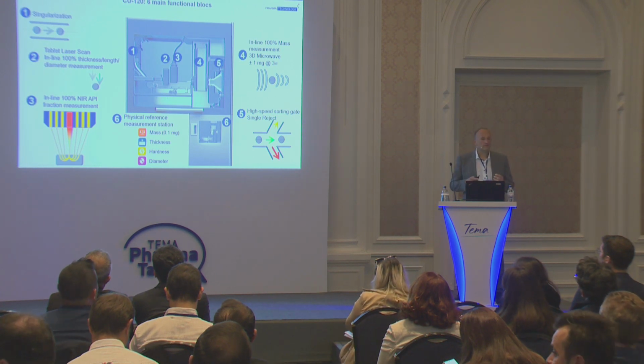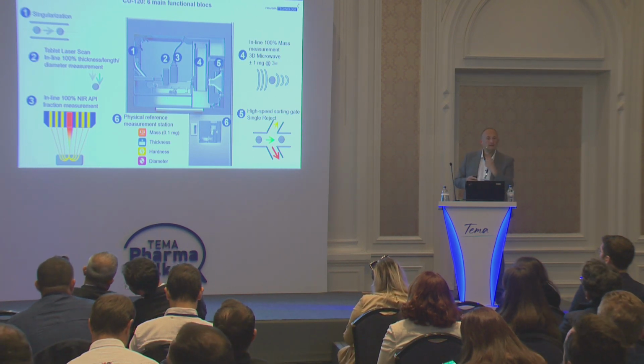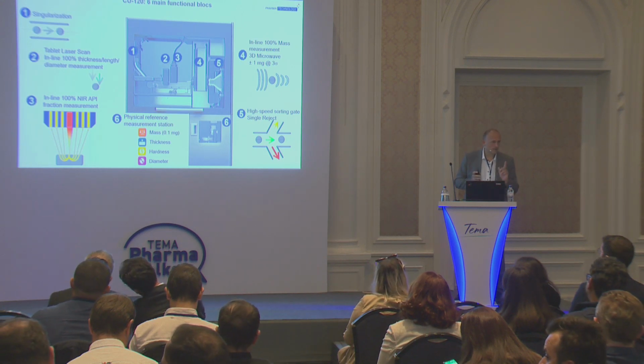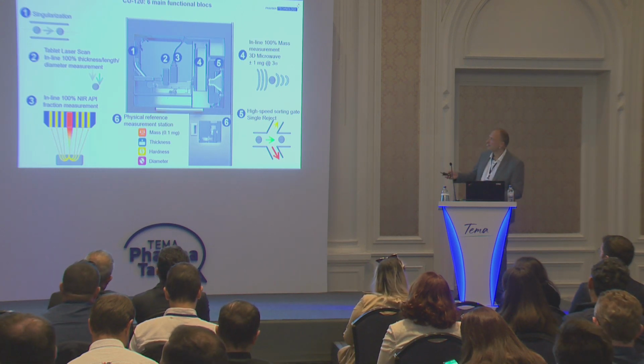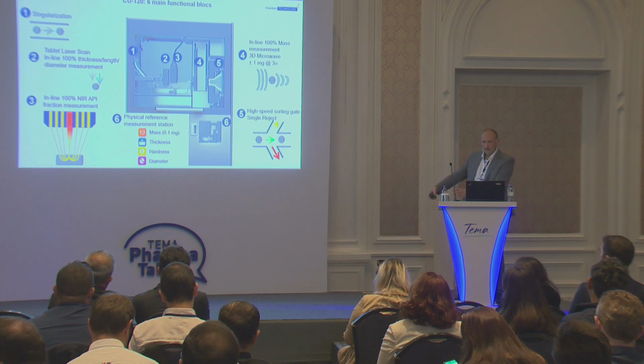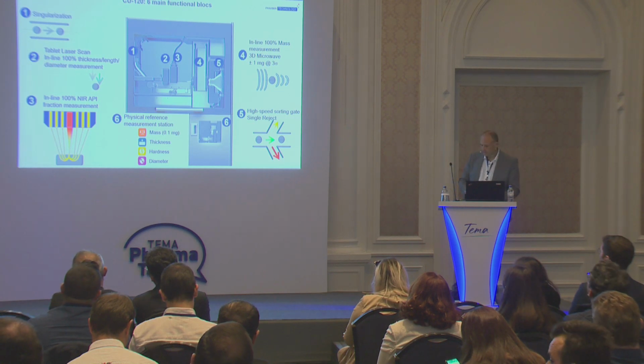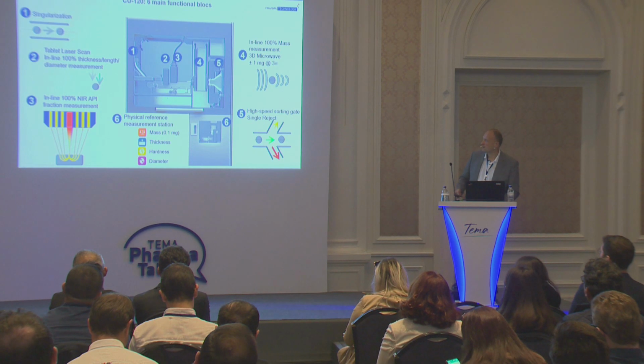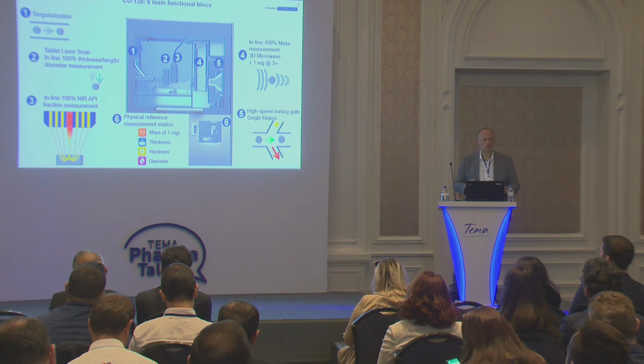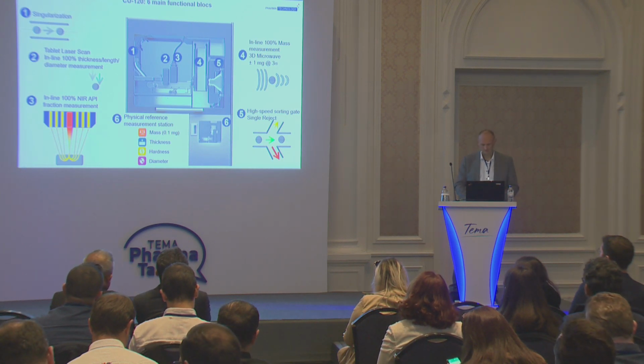Then we have 2 cyclones to decelerate the products, so we don't have a tablet crushing machine, and they are cleanly collected either in the bin, the goods, or the reject bin. And of course, at the bottom we have our physical measurement station, what I always call a 4-parameter tester.